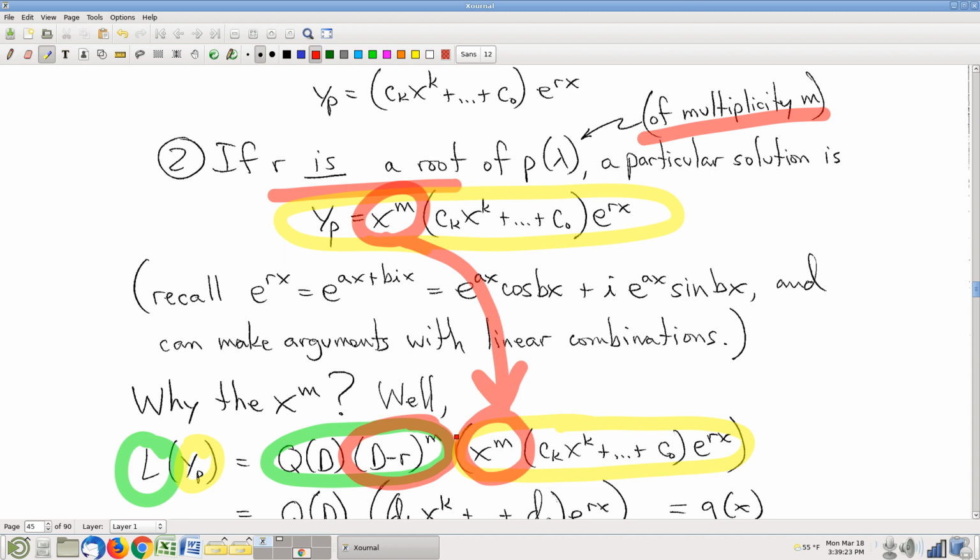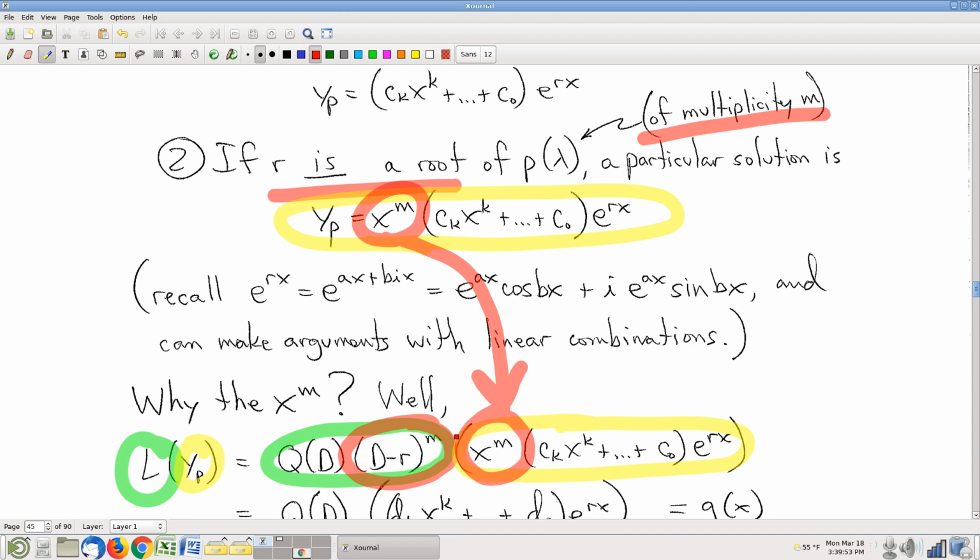We've got this function with powers of x. We've got some d minus r's right next to powers of x. Don't forget what d minus r does to these kinds of functions. D minus r kills off factors of x. I have m factors of d minus r on the left. Each one of these m corresponding factors of x will cancel one of them out.